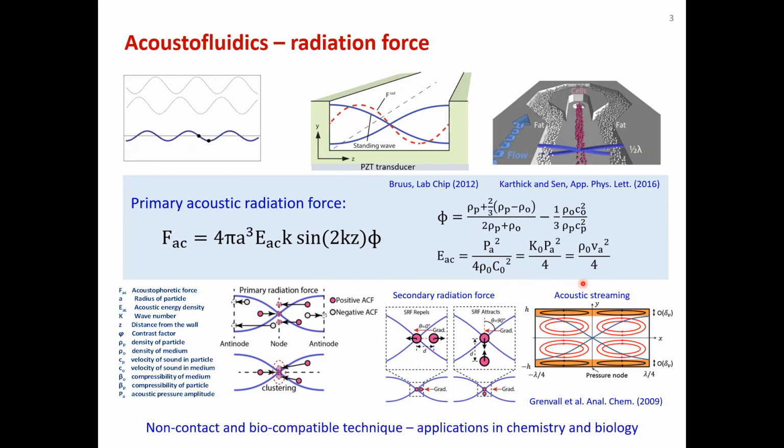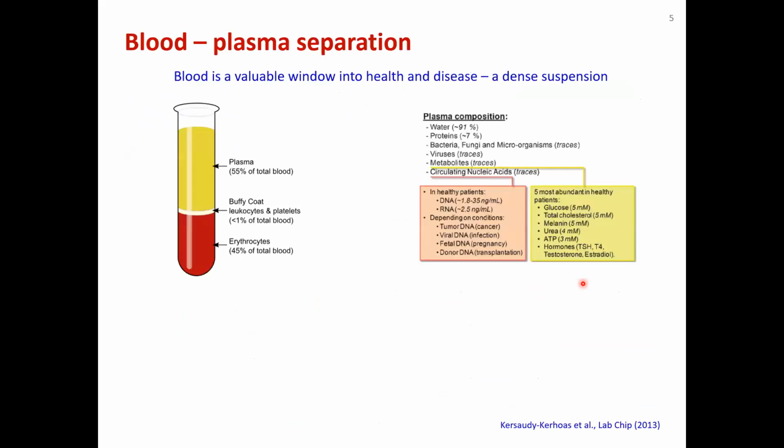Now, acoustofluidics is a non-contact and biocompatible technique, and that is why it actually holds significant promise in chemistry and biology. So let's first talk about acoustic handling of dense suspension. Blood is an example of dense suspension.